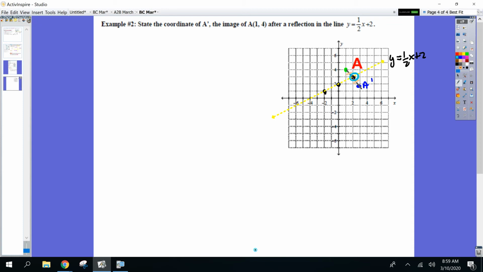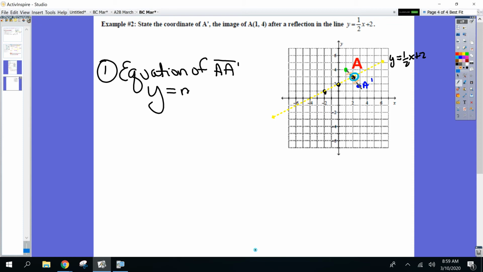All right, how are we going to do it? Your first step in your group right now, come up with the equation of AA prime. Well, I don't even know A prime. You don't need it. Find the equation of AA prime. So again, which two values are you going to need?